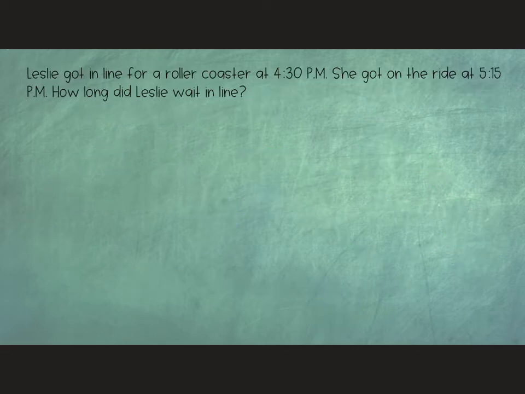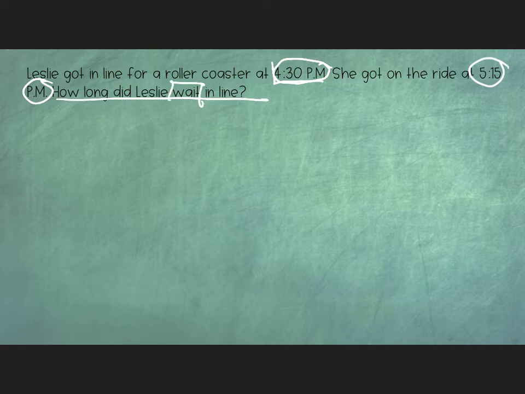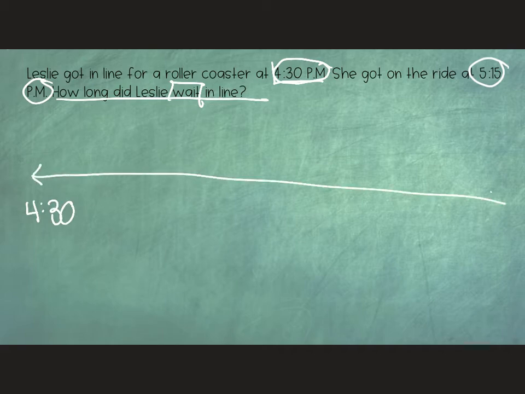Next, Leslie got in line for a roller coaster at 4:30 p.m. She got on the ride at 5:15 p.m. How long did she wait in line? All right, so she got in line at 4:30. So 4:30 is my start time. And then 5:15 is my end time.